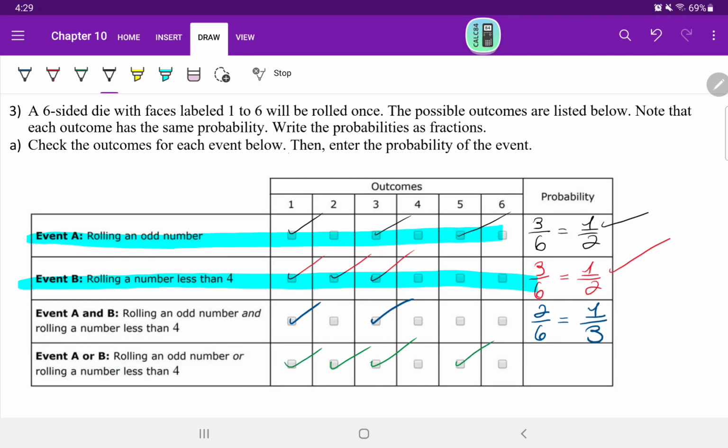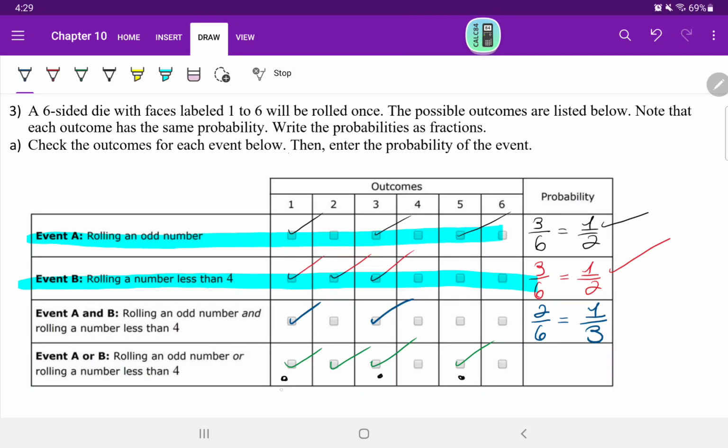Let's go over it. Rolling an odd number, that is 1, 3, and 5. Or gives us the options. Or rolling a number that is less than 4, which is 1.